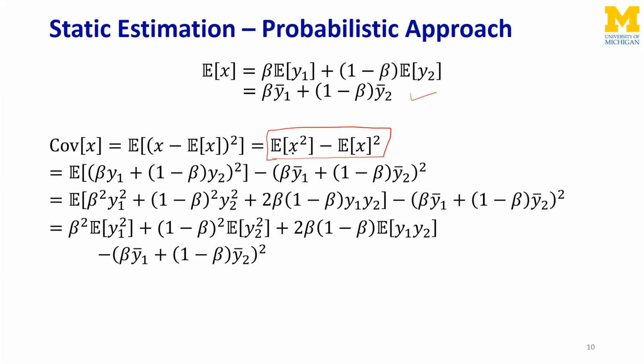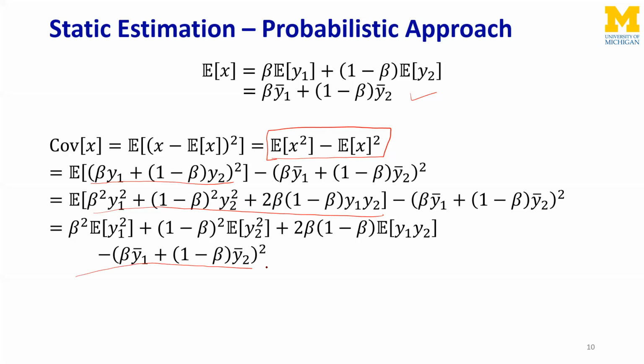And for the expected value of x squared, again, I just replace x squared with the expression for x, expand the square like so. And then when I take the expected value operator inside, I can pull all the constants out, and using the linearity, I can get this expression.